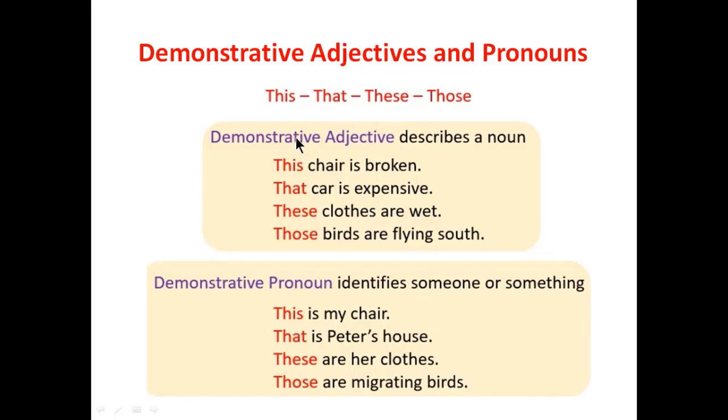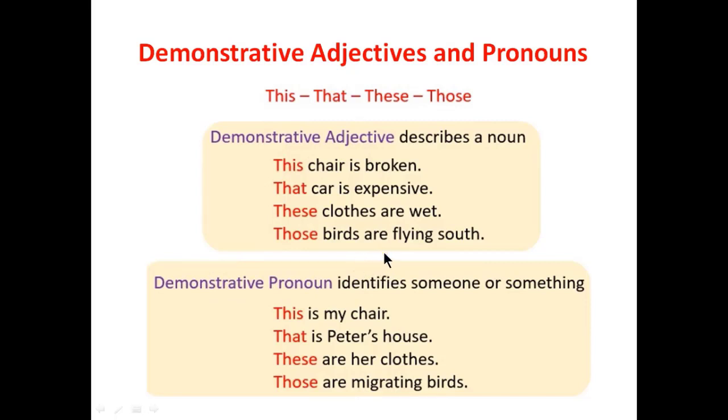Now, how to differentiate between demonstrative adjectives and demonstrative pronouns? My dear students, these four words, this, that, these and those, become demonstrative adjective as well as demonstrative pronoun.